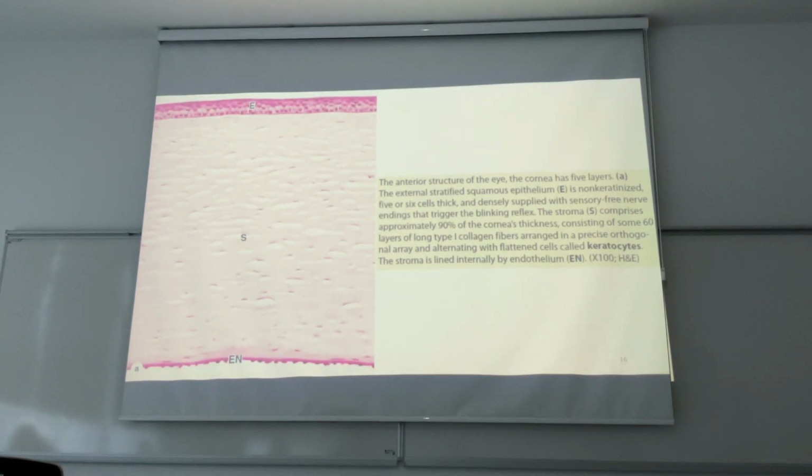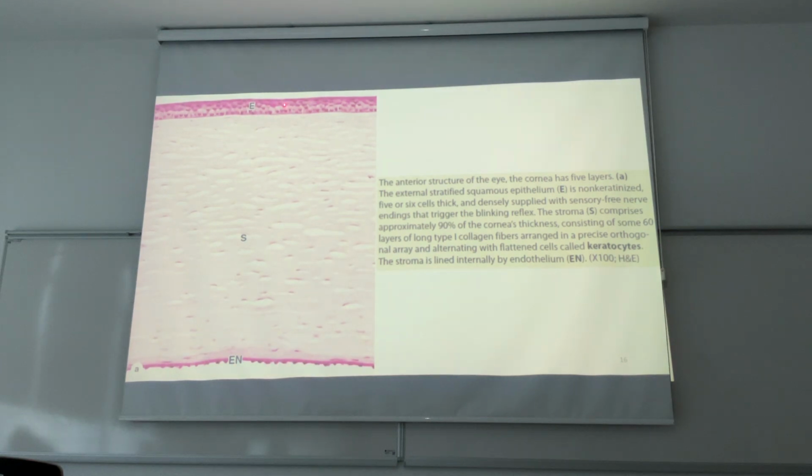Here we have a high magnification of the cornea. This part is which area? Which epithelium, outer or inner? This part is composed of only one layer of endothelial cells. Yes? So this part is our inner epithelium.